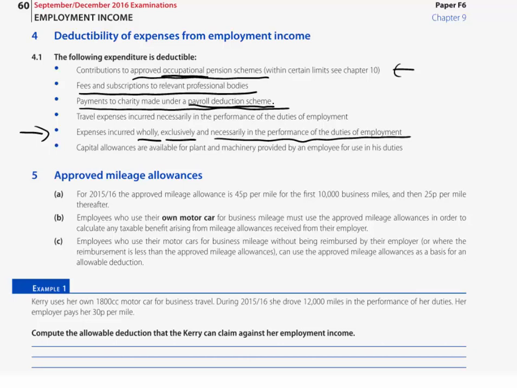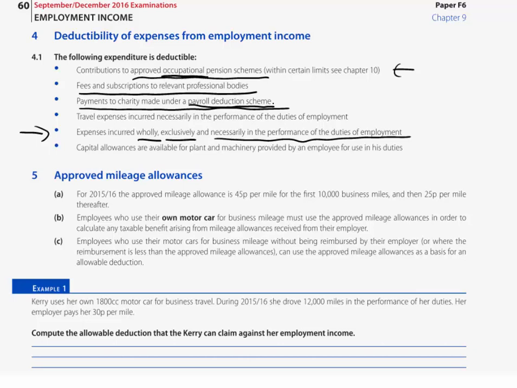So if, for example, we started off with an annual salary received in the tax year of £20,000 as your basic employment income, and you were then told that the individual paid £2,000 into their occupational pension scheme, and paid £500 to a charity under the payroll deduction scheme, then the employment income assessment would be computed as salary £20,000 less the contribution to the occupational pension scheme £2,000 less the payment to charity under the payroll deduction scheme £500.